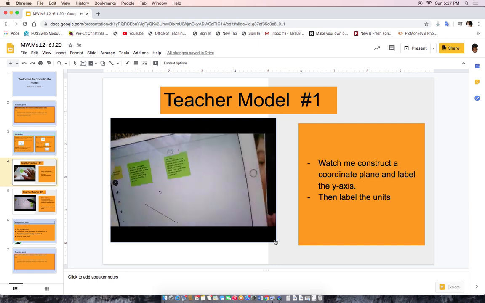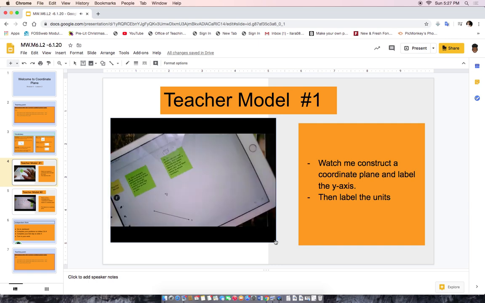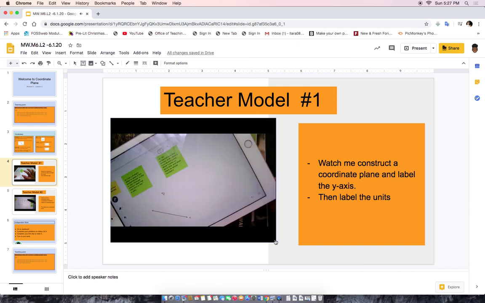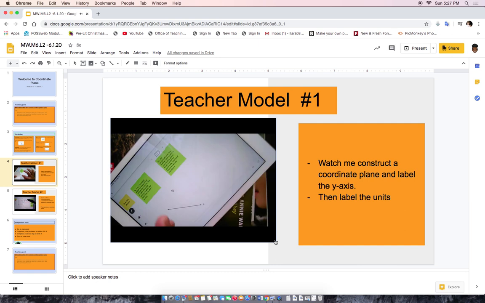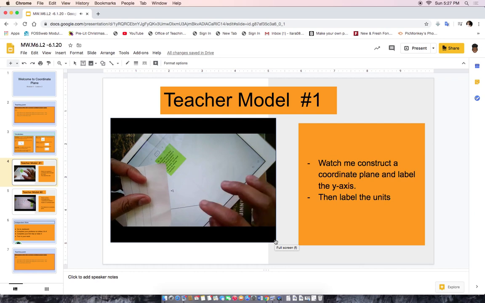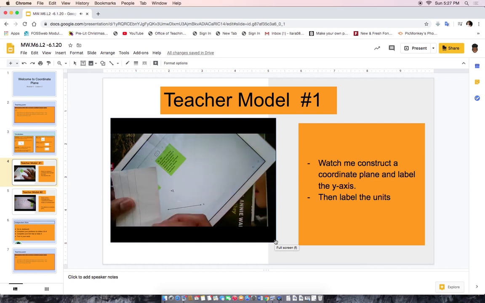And do you see how I'm moving my iPad? You can do that so that it helps you create that straight line. Okay, so I want to make a perpendicular line, which means that this line has to cross my x line. Okay, so the new line that I'm making has to cross. That's what perpendicular means.